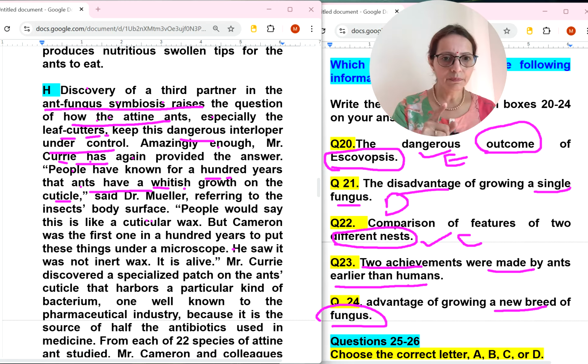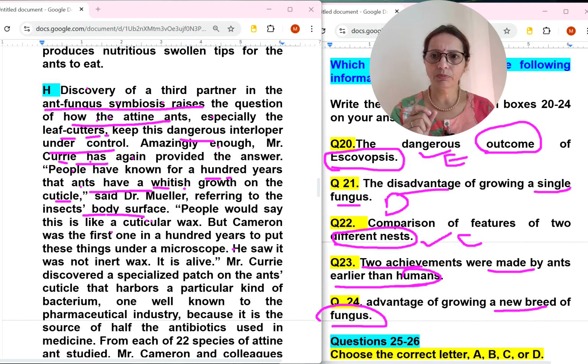Okay, so here human word is here: people have known for 100 years that ants have a whitish growth on the cuticle, referring to the insect's body surface. People would say this is like a cuticular wax, and under a microscope he saw it was not inert wax. It is alive.